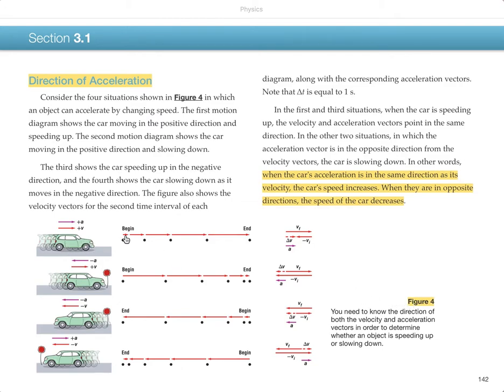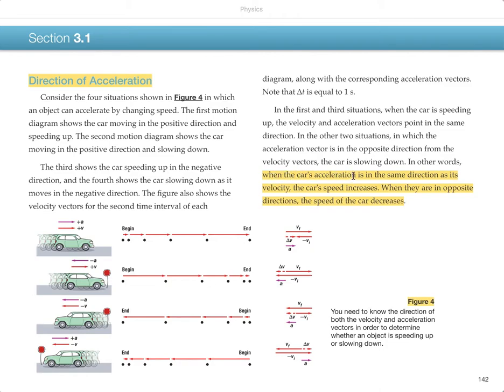They give you 3 examples. You're either traveling to the right and speeding up, traveling to the right and slowing down, or the same thing in the opposite direction, to the left and speeding up, to the left and slowing down. And they've gone through the little exercise that we went through on the previous picture for each one of these 4 cases. Here's the takeaway.